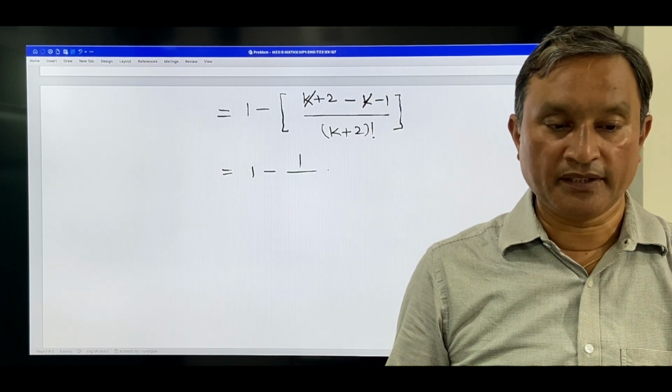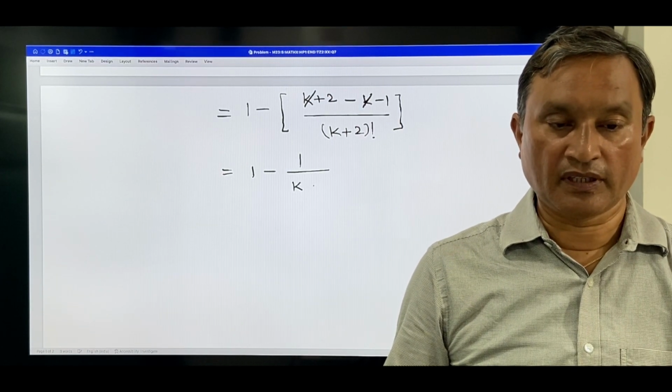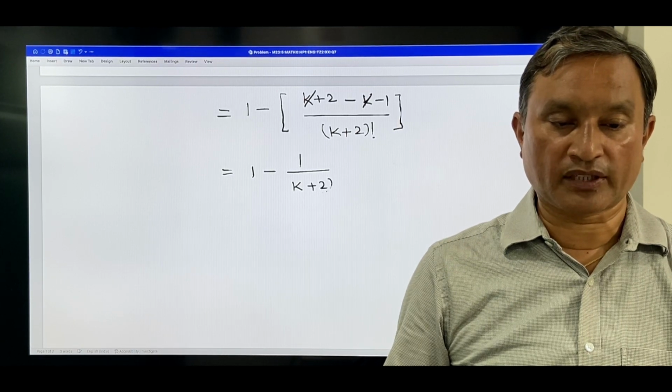So this would be 1 upon (k plus 2) factorial.